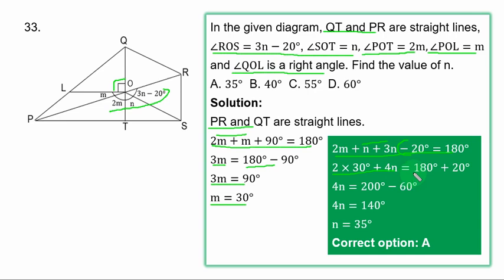After adding the right hand side, you have 200 degrees. 4n is here. If you multiply this, you have 60 degrees. You also take it to the right hand side, it becomes minus 60 degrees. So 4n is equal to 140 degrees. Divide both sides by 4. n is equal to 35 degrees. So A is the correct option.